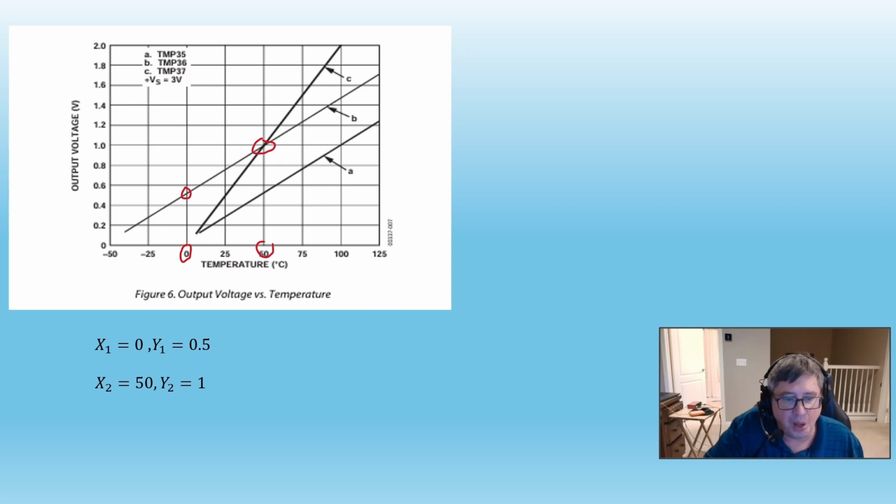On the X axis is the temperature, and the Y axis is the output. What we want is a function where the voltage goes in and the temperature comes out in Celsius. And then in the code, we'll convert it from Celsius to Fahrenheit.